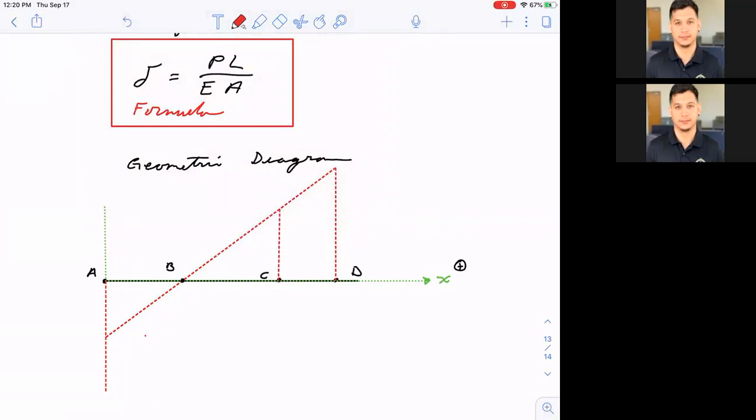So this is the deformation, the natural tendency to deform, right?